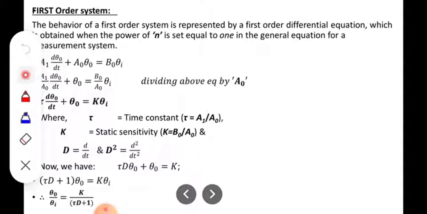This is the derived equation for the first order system.